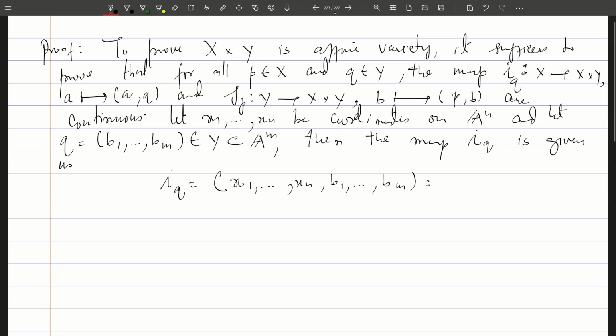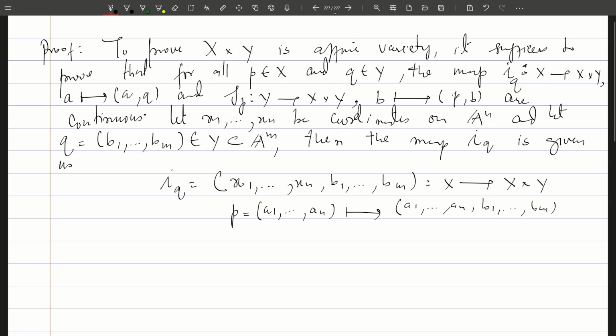So this is the map from the set X to X times Y, which takes a point, say p equal (a1 up to an), to the point (a1 up to an, b1 up to bm).